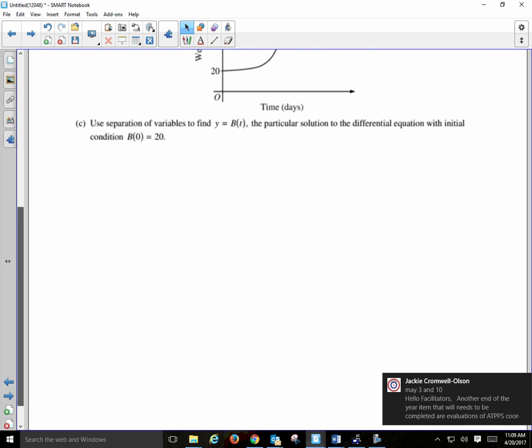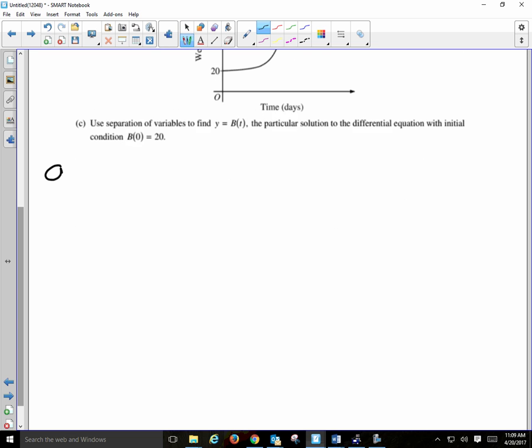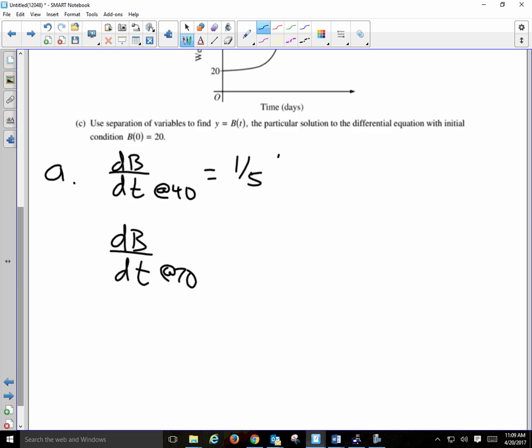So for part A, I'm going to find the dB over dt at 40 and at 70. So 1/5 times 100 minus 40, and 1/5 times 100 minus 70.